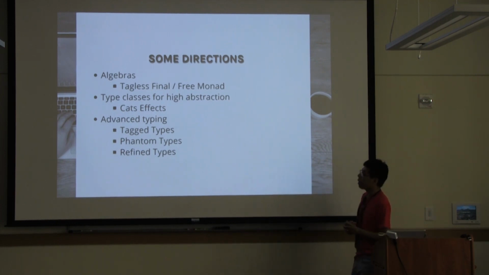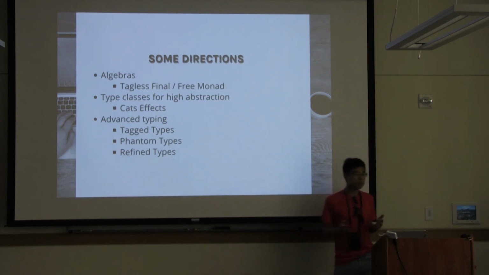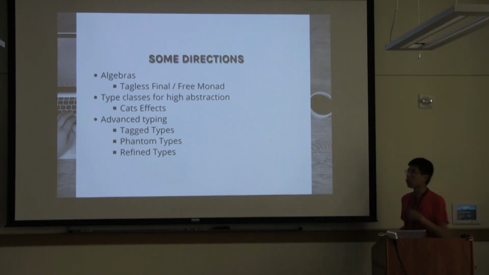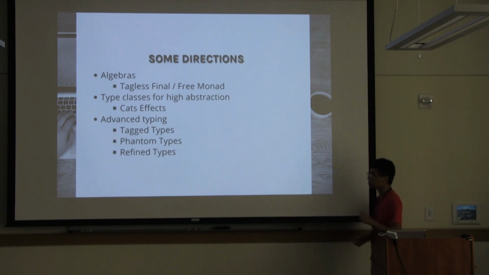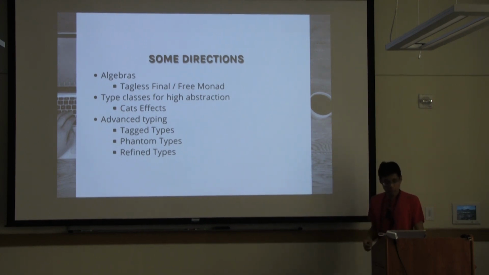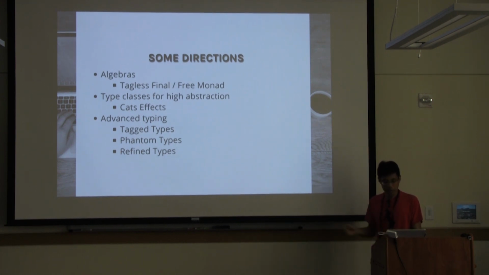You could use those. Your code will then be more concise if you know how to use those functional constructs. I encourage you to look at those different constructs, and if you have any questions on them, I can answer those right after the presentation.